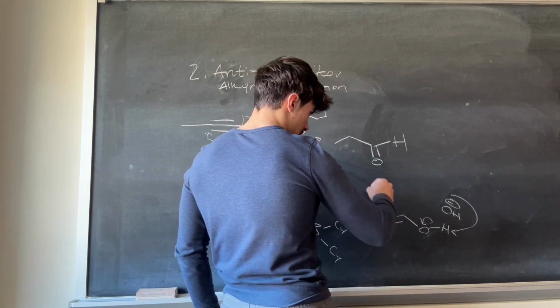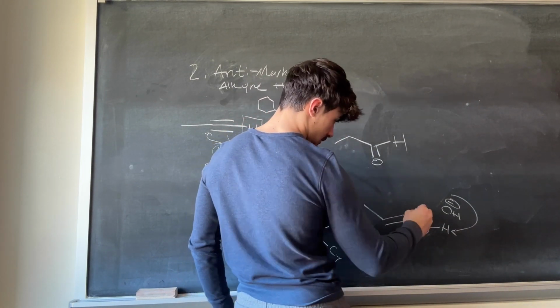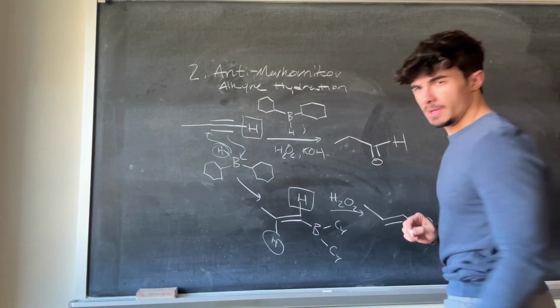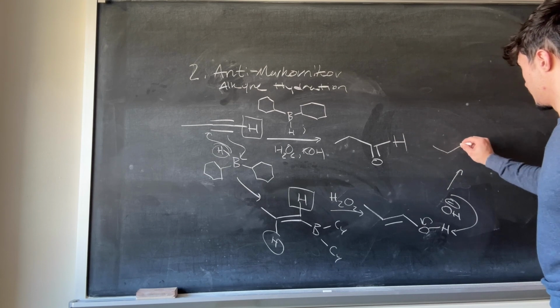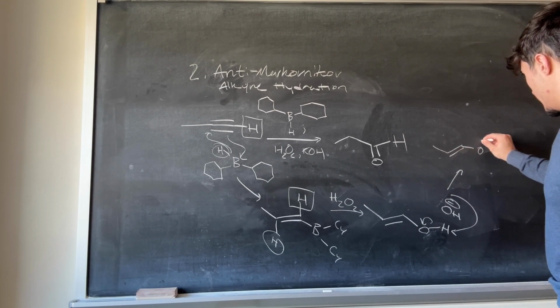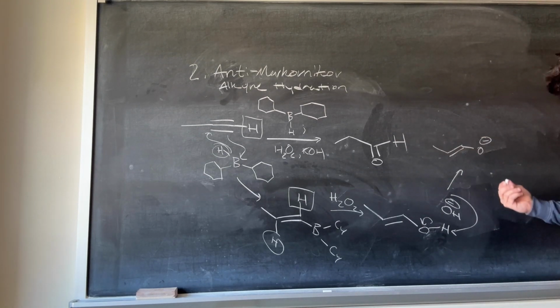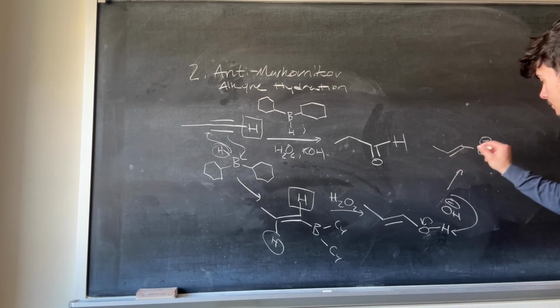Okay. And then we get O minus. And then we could draw a resonance structure of this where we put the minus charge on this carbon.